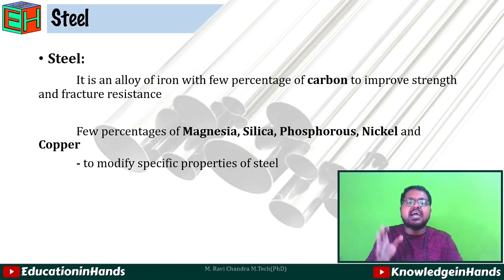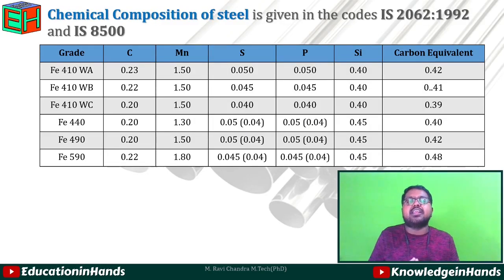So if we see the chemical composition of steel, according to IS 2062-1992 and IS 8500, the grade of steel and its chemical composition is given like this. From Fe410 to Fe590, here we have compositions of carbon to silica, which is provided in terms of carbon equivalent.